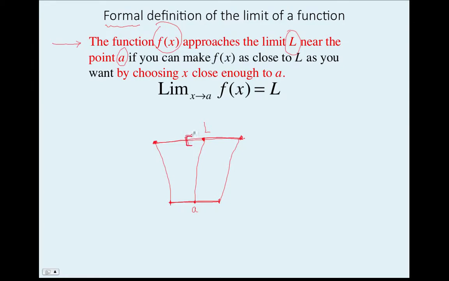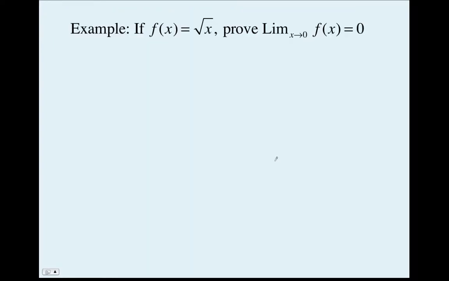So let me take this interval over here, and it's got various values of f that are centered around the limit L. This is the limit provided that this interval here has been mapped from some small interval here. In that case, we say the limit exists.